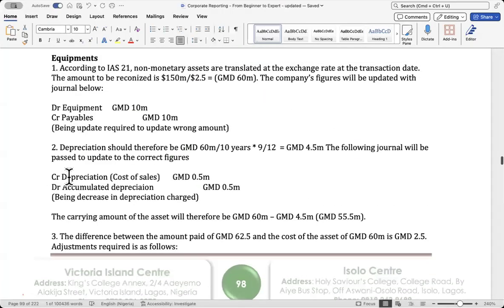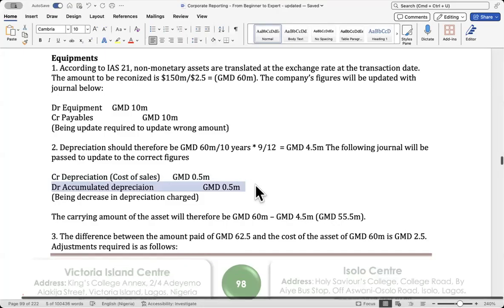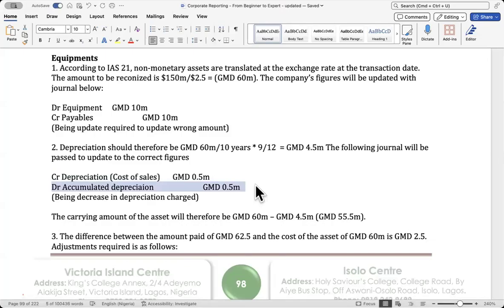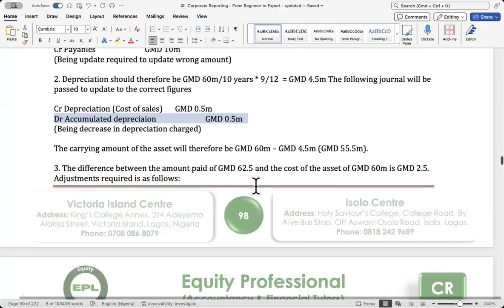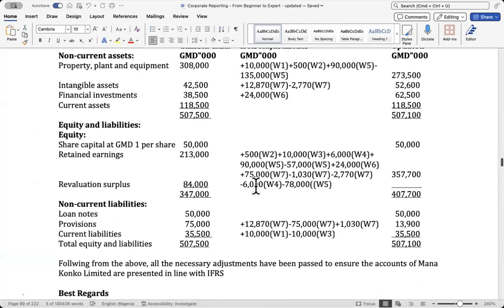This one, I credited depreciation. I debited accumulated depreciation. Since there's no P&L here, depreciation will have flowed to retained earnings. So I'll simply go and credit retained earnings, then I'll debit the assets. I'll use this opportunity to increase the assets with that 500.